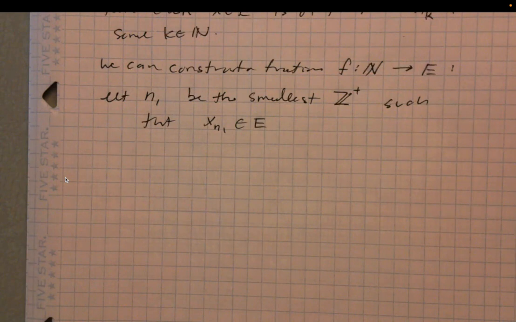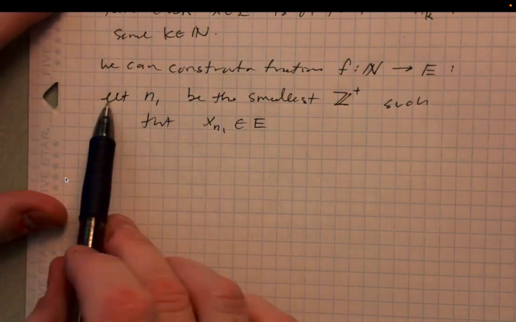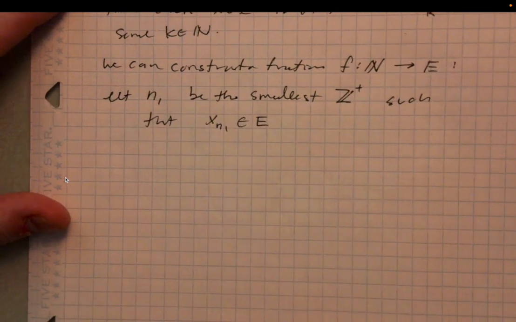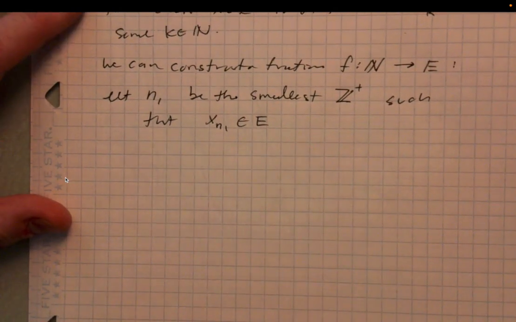If not, we go to x sub 2. We just keep moving through this enumeration until we find the first element that's in E. So let n1 be the smallest positive integer such that x of n1 is in E.